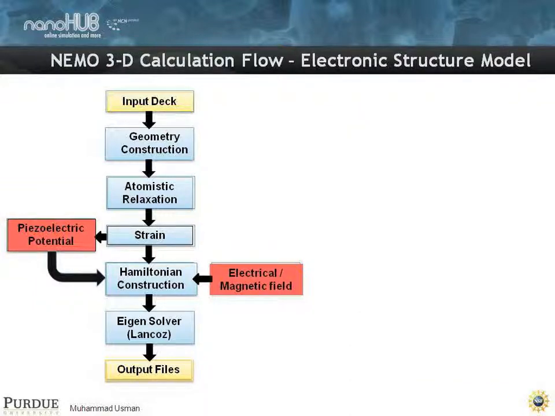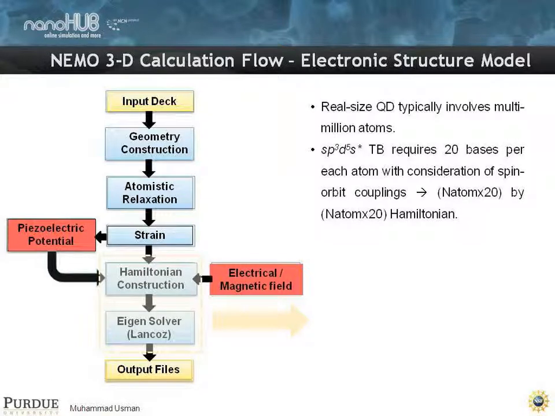Once you have a Hamiltonian with all the neighbors and the electric fields or magnetic fields, you can construct it with the equations I mentioned earlier, and you can calculate the eigenstates. The tough part about this is that we are interested in interior eigenstates, not exterior, and I'll talk a little bit about that later.